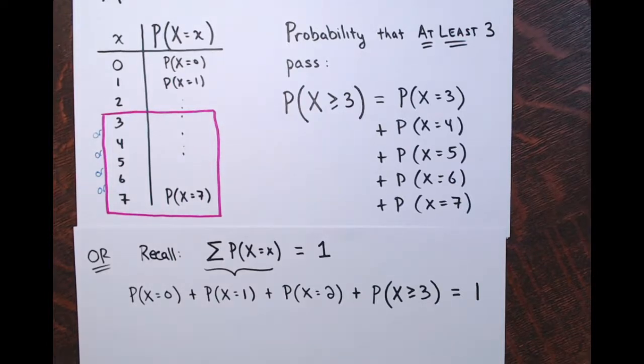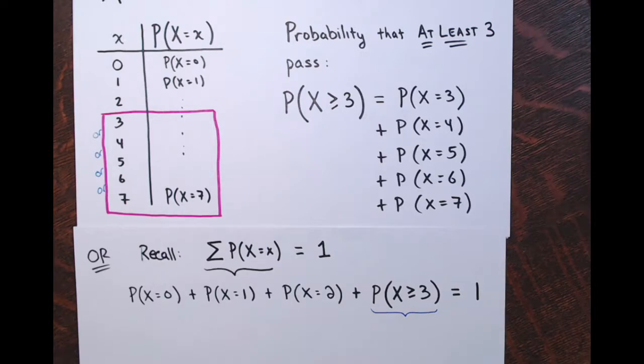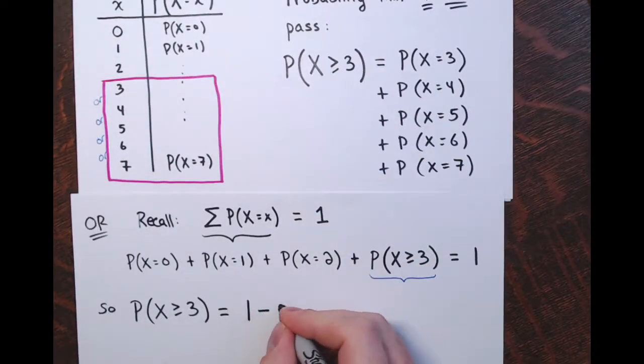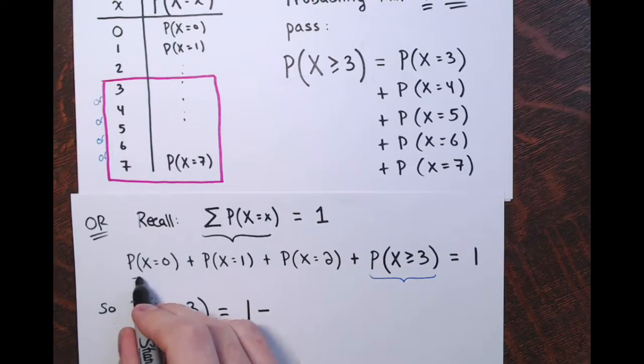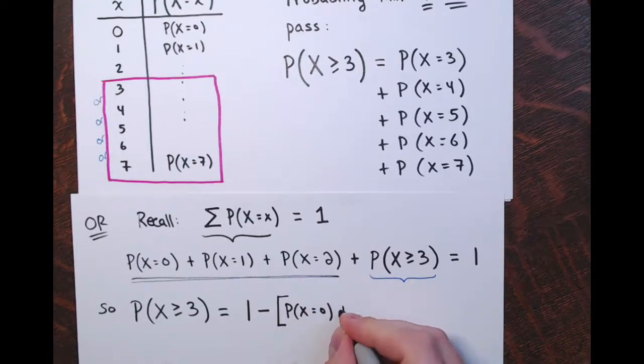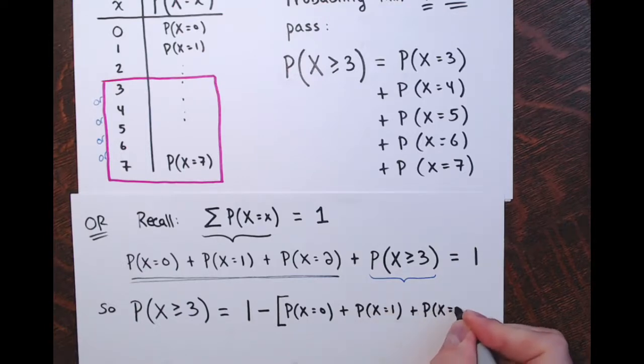And then we can solve for this. Again, this is the probability of getting at least 3 successes, and we're trying to find this. So solving for this, the probability of getting at least 3 successes, x greater than or equal to 3, would be equal to 1 minus the quantity: the probability of x being 0, the probability of 0 successes, plus the probability of 1 success, plus the probability of 2 successes.